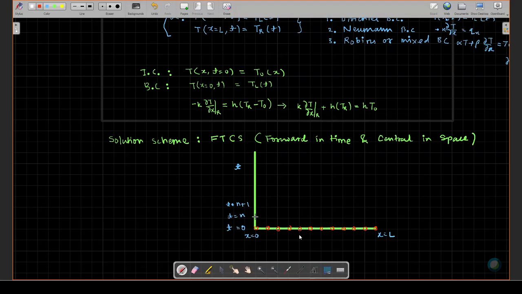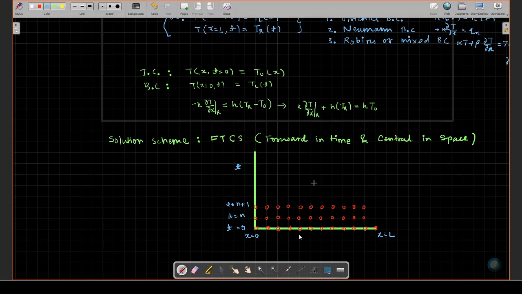So here also we'll have the same points, right? Space discretization will be the same at other times also. So we have these points there. Similarly, in all other cases you will have points there.